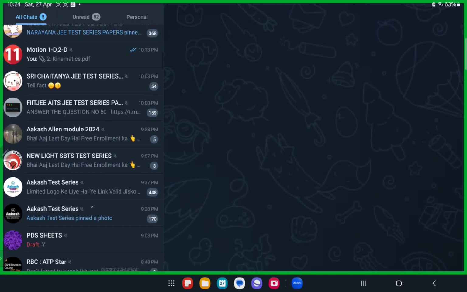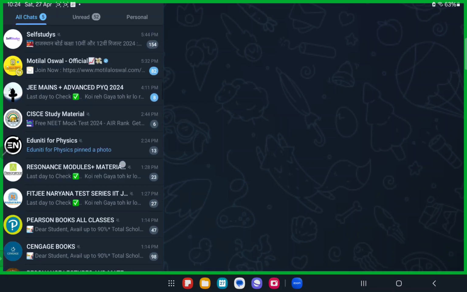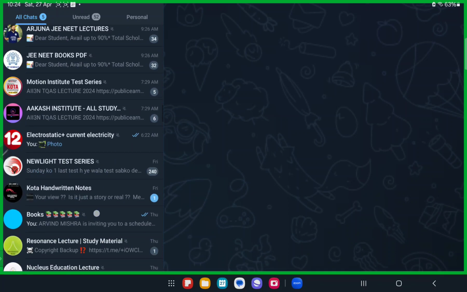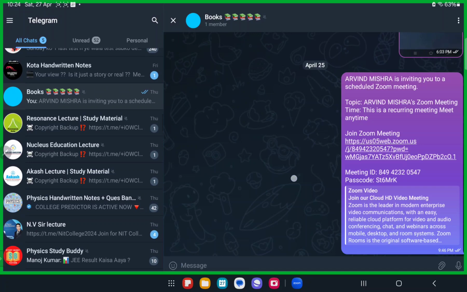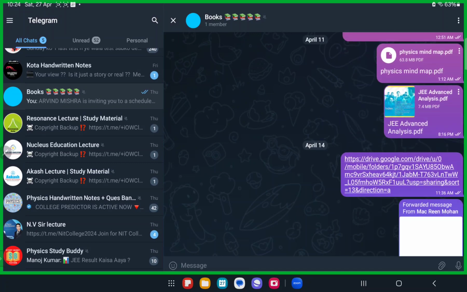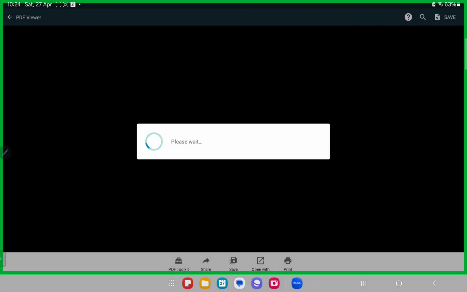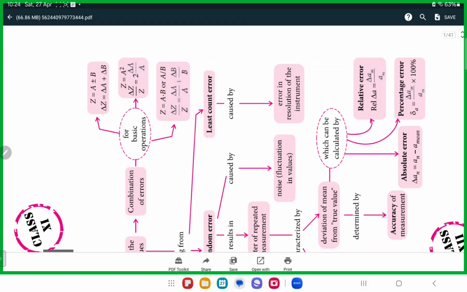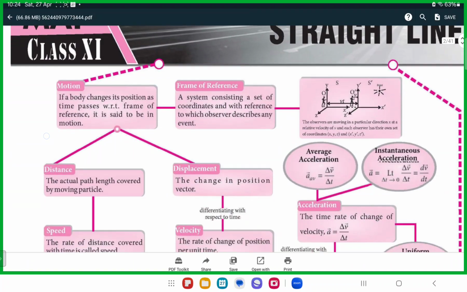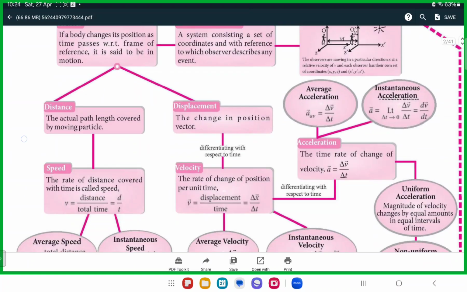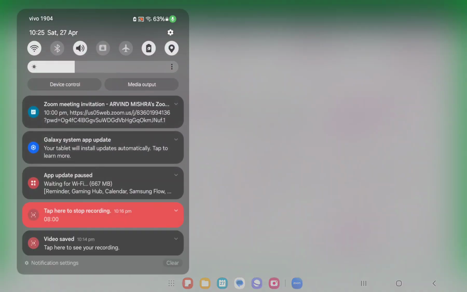Fine. So let me show it to you. Here it is. There's a mind map formula chart that will help you in so many regards. This whole section is on one page, with a straight line.